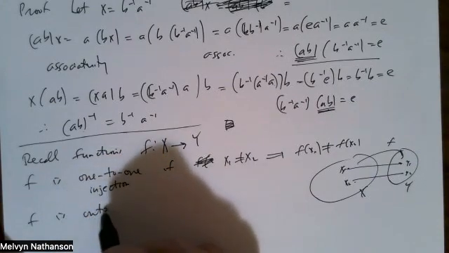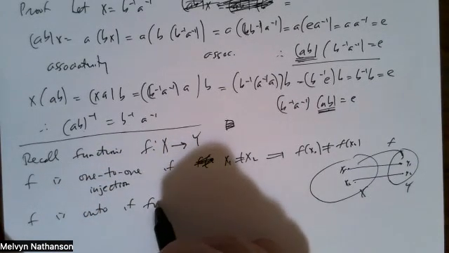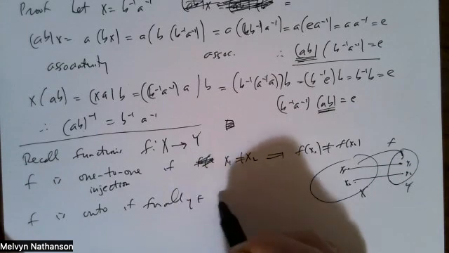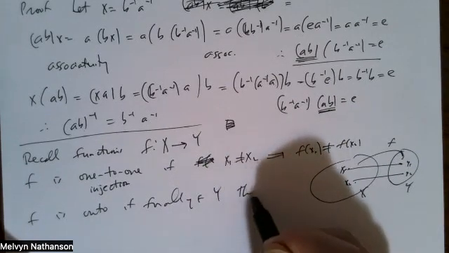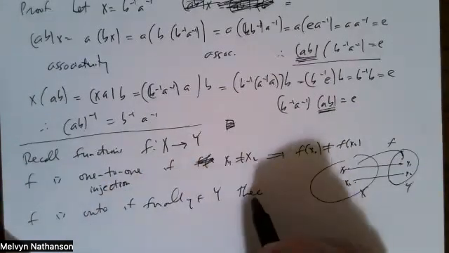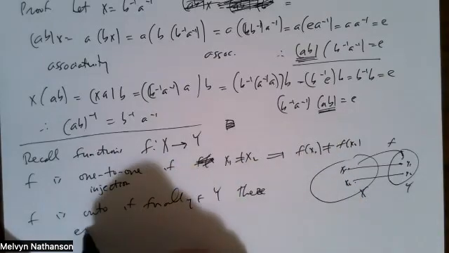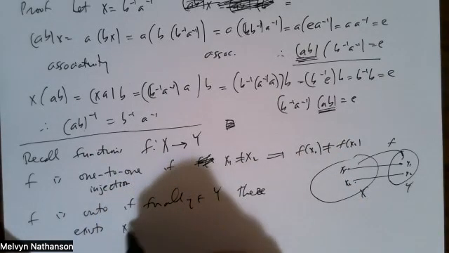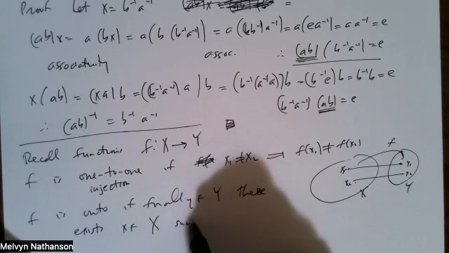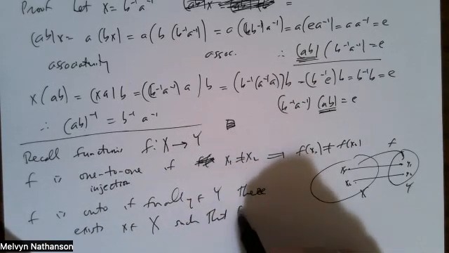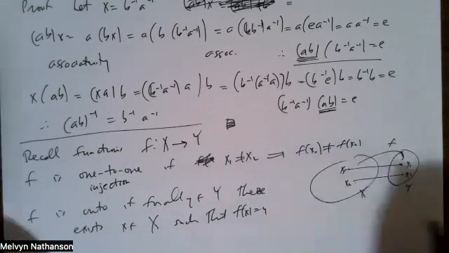f is onto if for all y in Y, there exists an x in X such that f of x equals y.